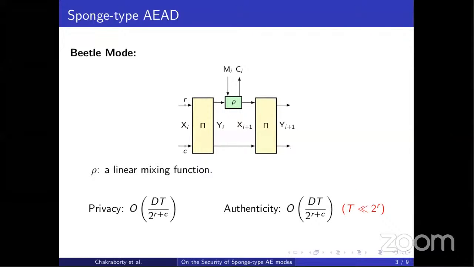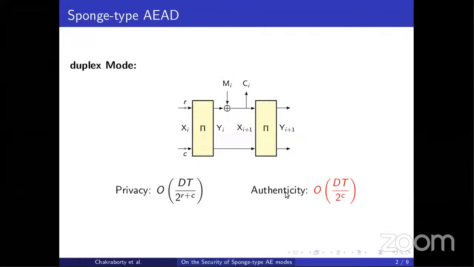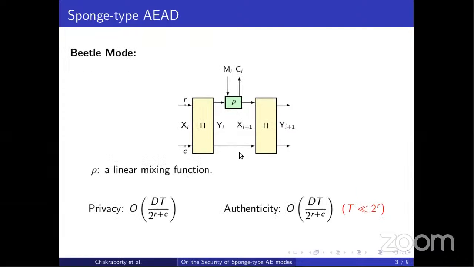Okay, to mitigate this, the order of dt by 2 power c actually makes it difficult to achieve good security with duplex using a small capacity part. So to mitigate this, another mode called Beetle was proposed.